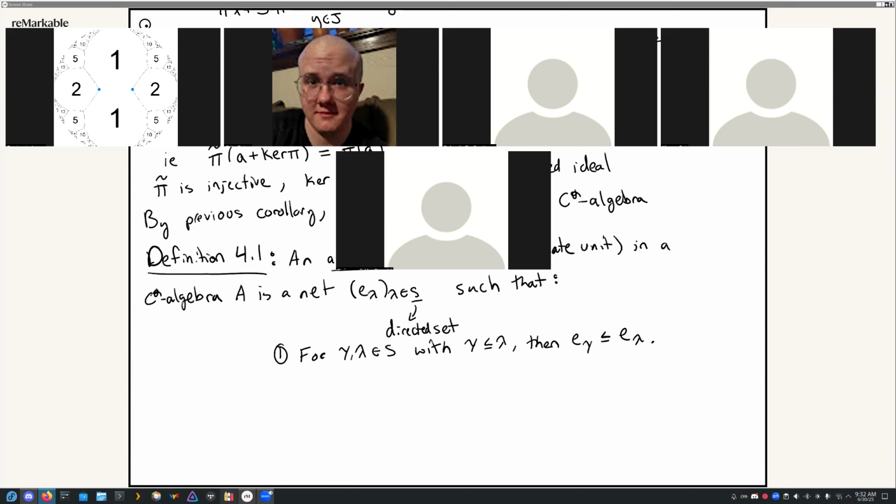And importantly, we can also require all of them to be positive, so 0 is less than E gamma less than E lambda. Also, we can require that the norm of each of the E lambdas is at most 1.